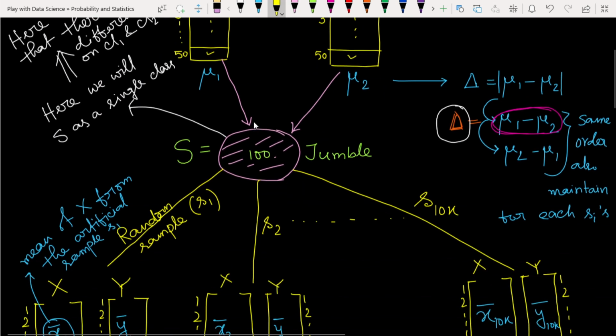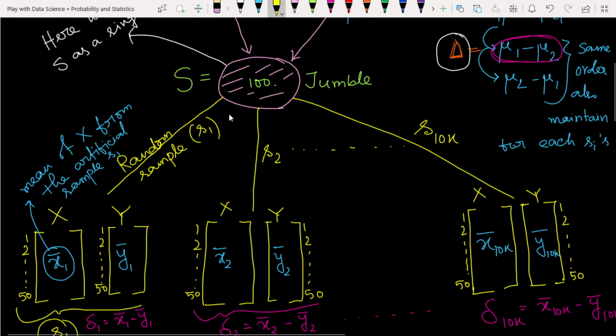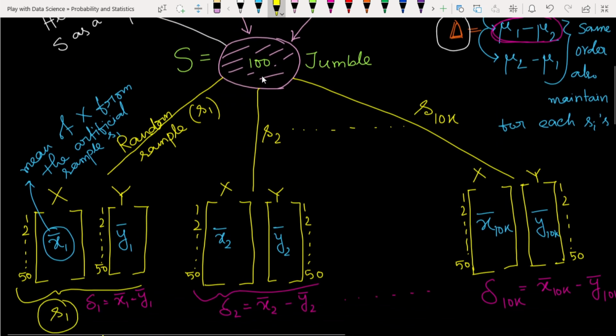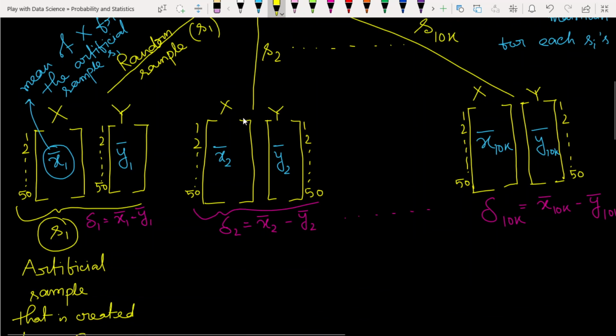After that, we mix up the observations of the two classes and make a bigger sample, called S. From this S, we randomly select 50 students and calculate their mean. That means we randomly build artificial samples from this big sample S, and we calculate the difference of the means for each artificial sample.